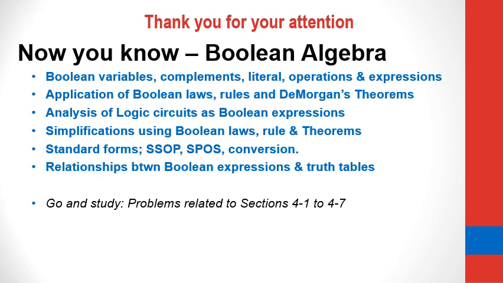And we have related the Boolean expressions to the truth table. That being said, go on to study in the prescribed book sections 4-1 to 4-7 as part of your revision, and consider the questions in the tutorials as well.